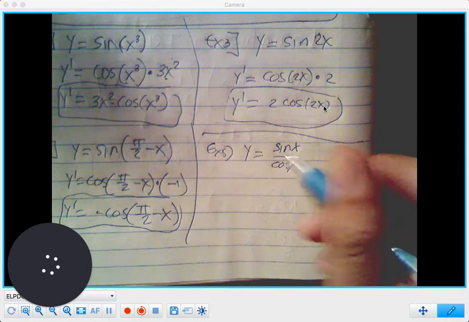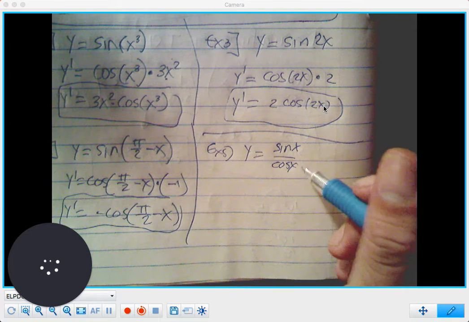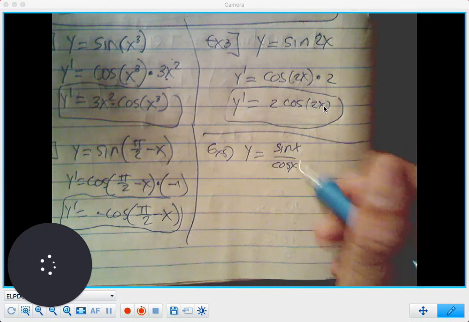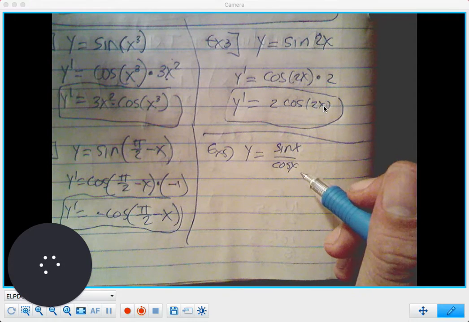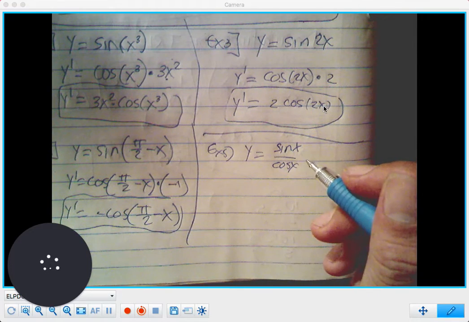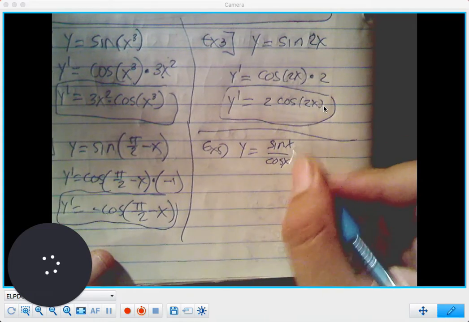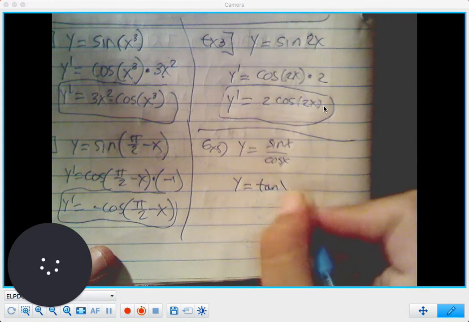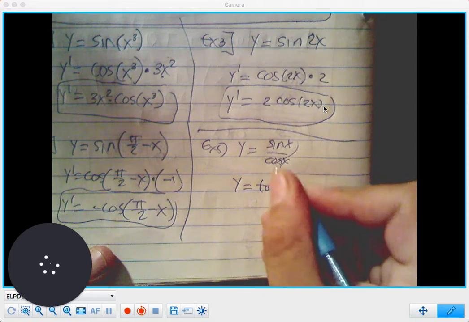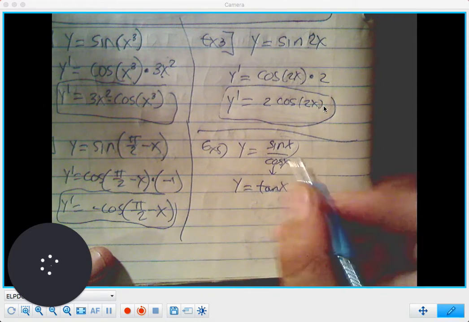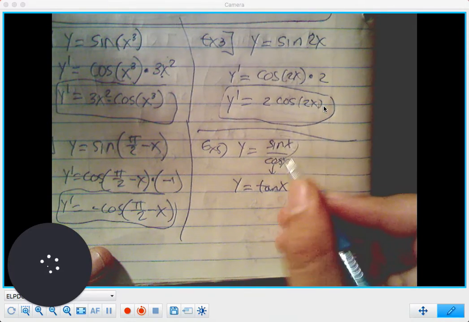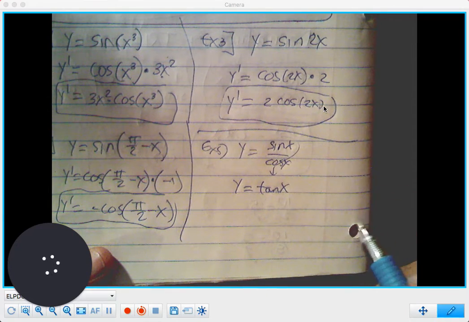Remember, anytime you have a division, we would need to do the quotient rule. Do we want to do the quotient rule with this? No, we don't. But guess what? I already know from the rules that sine over cosine is tangent. So sine over cosine is the same thing. Notice that I'm not saying this is the derivative. I'm saying this is the same.